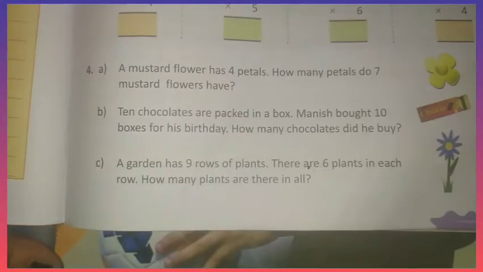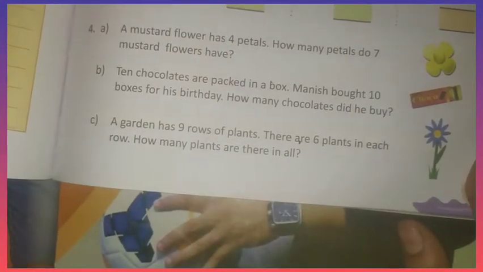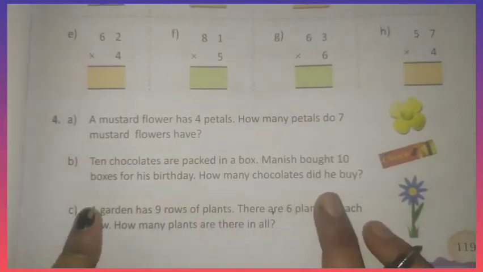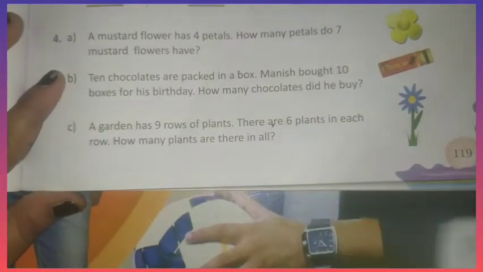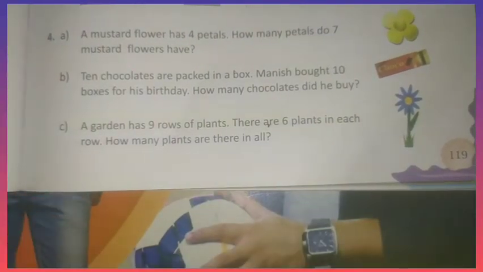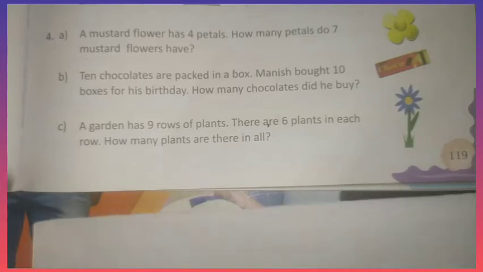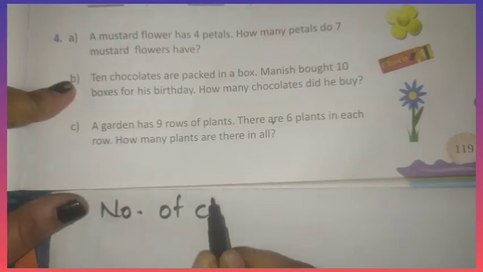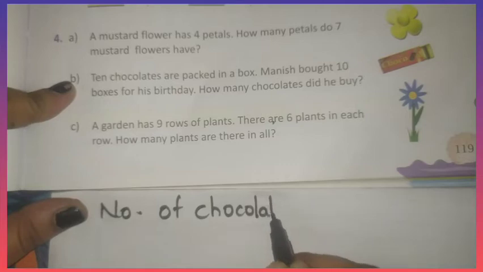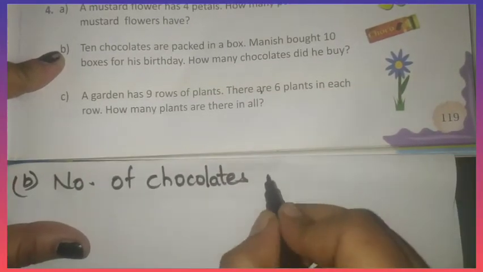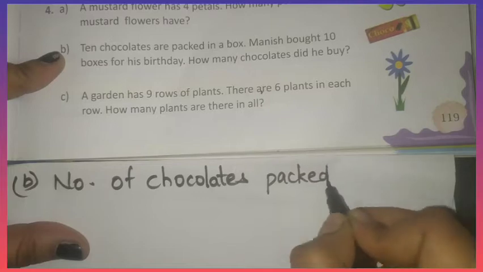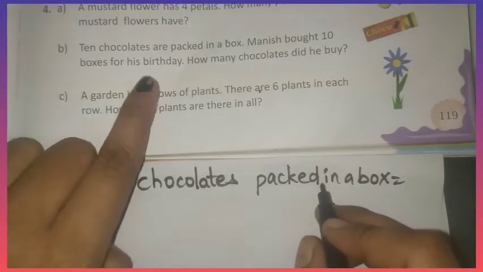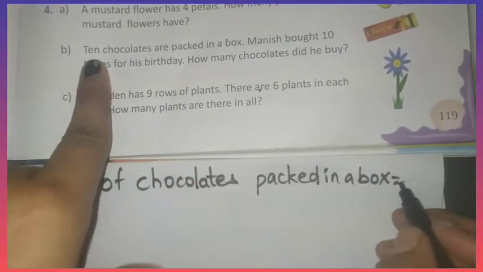Now look at B question. 10 chocolates are packed in a box. Manish bought 10 boxes for his birthday. How many chocolates did he buy? Okay, look here children. B answer. 10 chocolates are packed in a box. Number of chocolates packed in a box. How many? 10.